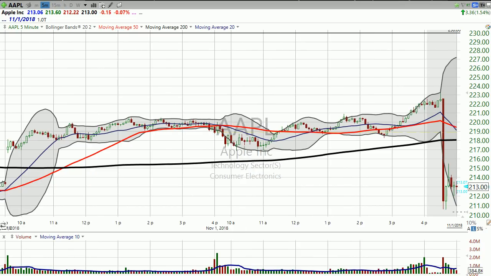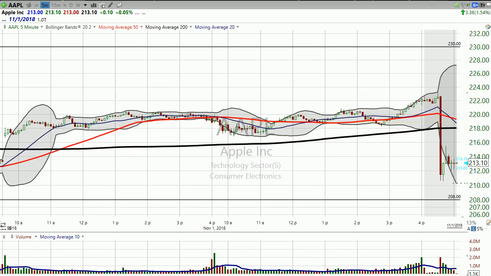So what's the trade? Here's the trade. If you're buying this stock, you want to keep your stop below, we'll say, 208. Frankly, you could even put it below 210, not at 210, but below 210.